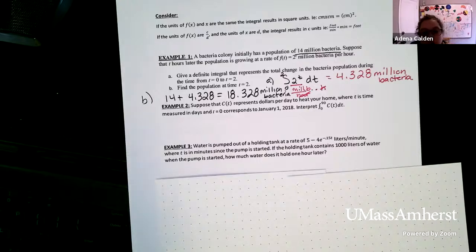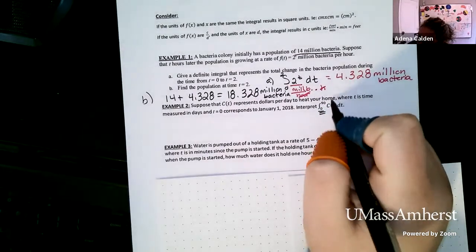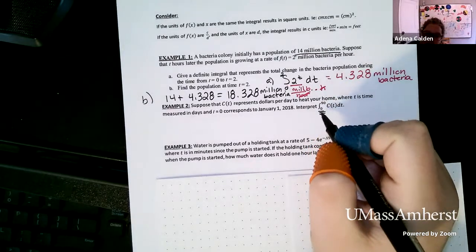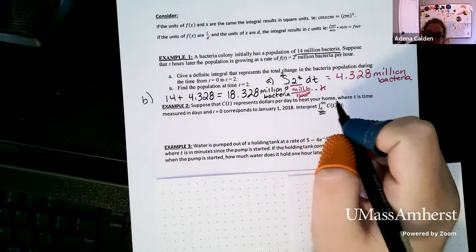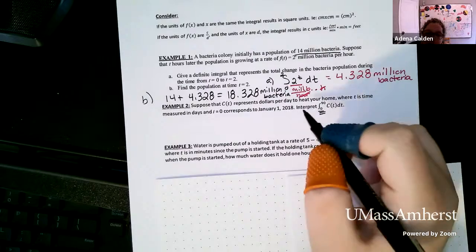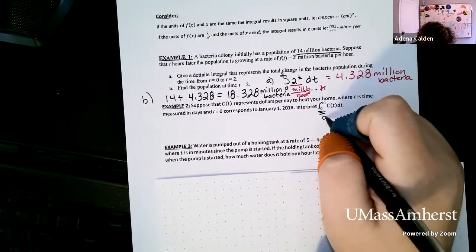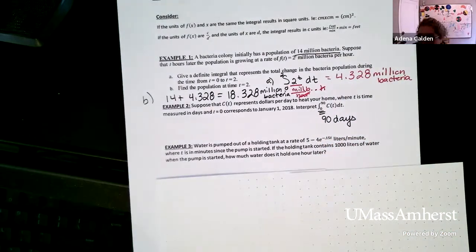All right. So for example 2, we're trying to interpret what's going on. So usually when we do that, we want to think about what the numbers on the integral are telling us. So 0 to 90, those are our independent values, where here we see that time is measured in days. So this represents 90 days, okay, in some sort of context.